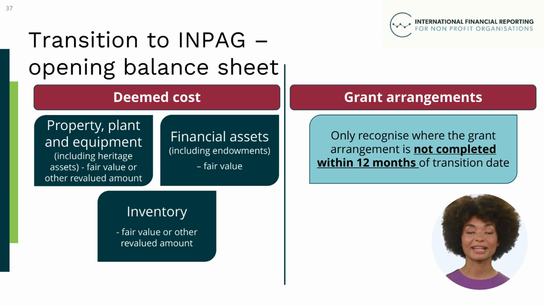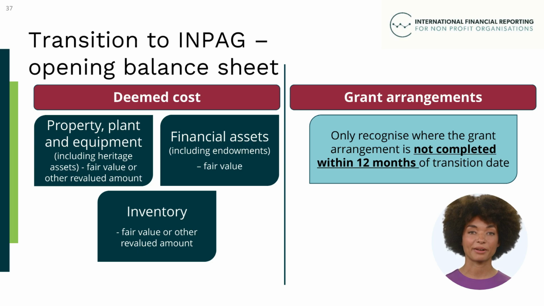This includes the assets and liabilities that relate to enforceable grant arrangements, EGAs. To ease transition, there are specified transactions that do not require the retrospective application of INPAG. For example, only grant arrangements that are due to be completed more than 12 months after the date of transition to INPAG need to be included in the opening balance sheet.